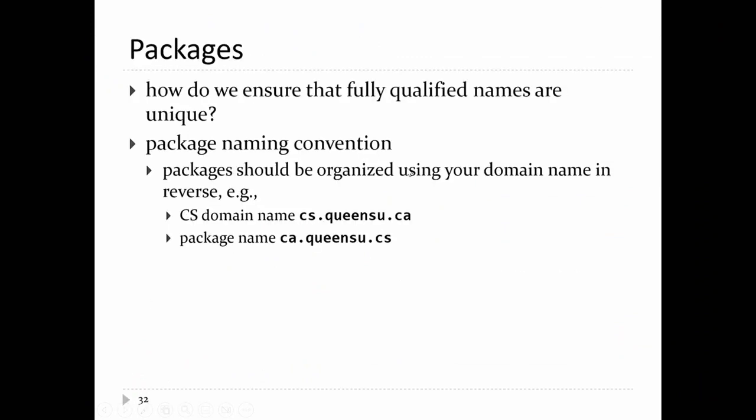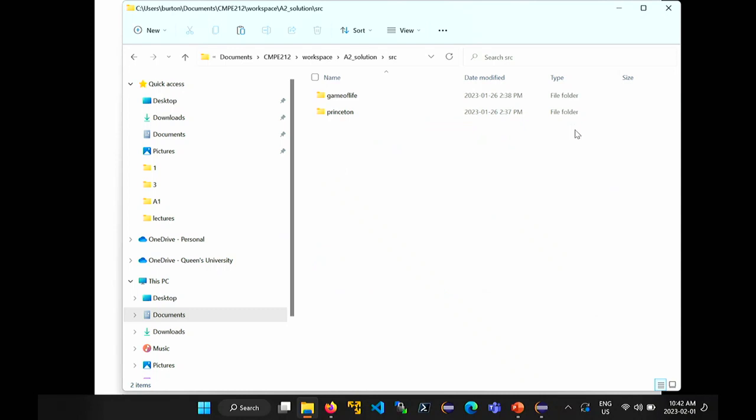There's something else about the package naming convention. When you start to put packages inside of packages, that's actually reflected in the file structure of your Eclipse project. This is not just true in Eclipse, this is true in general. When you create a Java program, if you're making packages, then the rule is each package should go into its own directory or folder.